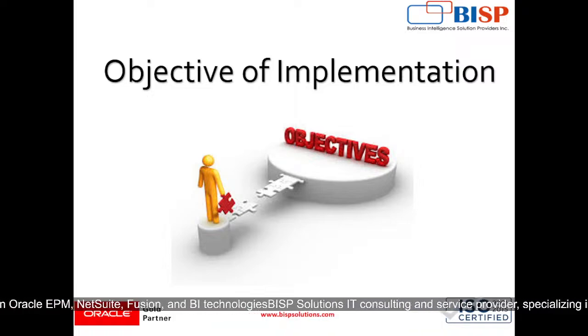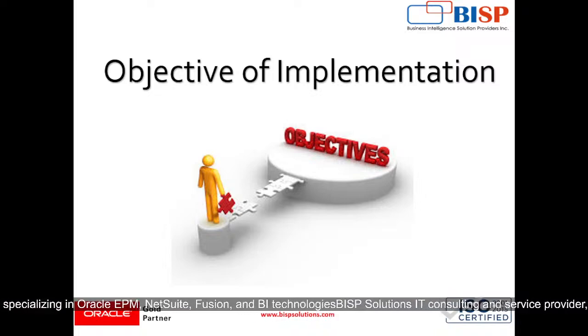Then it is centralized data management, which means it integrates financial, inventory, CRM and other business processes into a single platform, which ensures a unified source of truth for all departments.